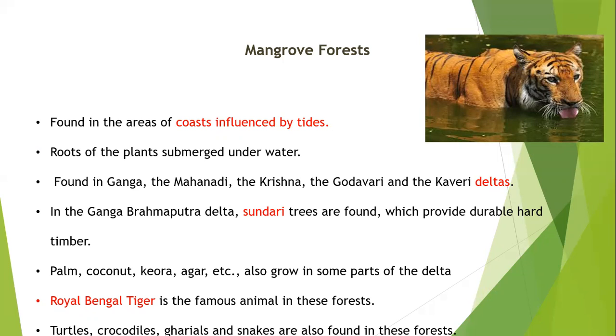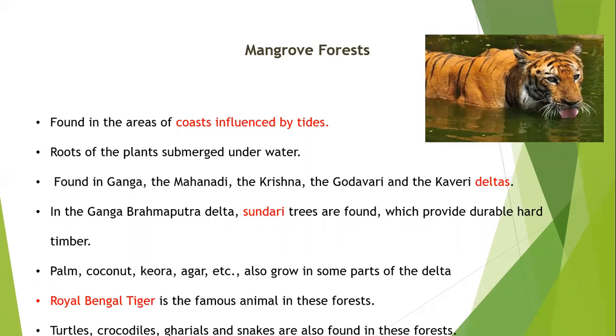Therefore, the species are very few. The Sundari trees of the Sundarbans of the Ganga Delta are the most famous trees of this vegetation. The mangrove is another species. The roots of the plants are submerged in water and their wood is hard and durable, which is used for boat building and fuel.